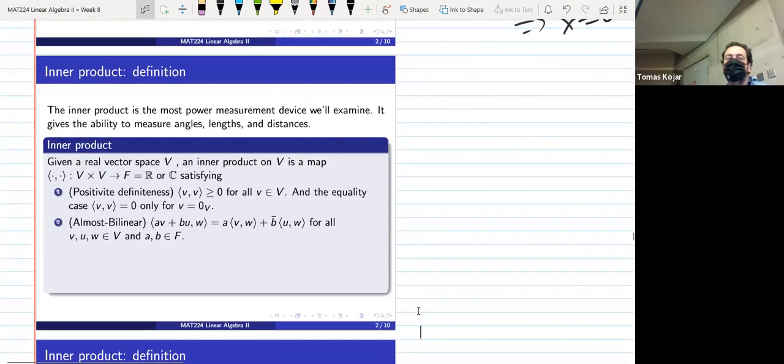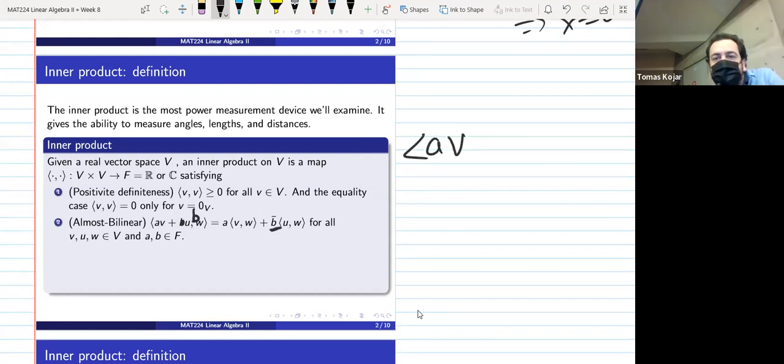The second axiom is you need bilinearity, or almost bilinearity. It's almost bilinear because you don't have full linearity, and so I shouldn't have written this. I meant B over here. So let me rewrite it.